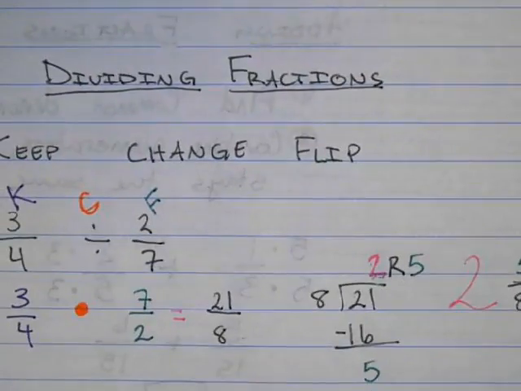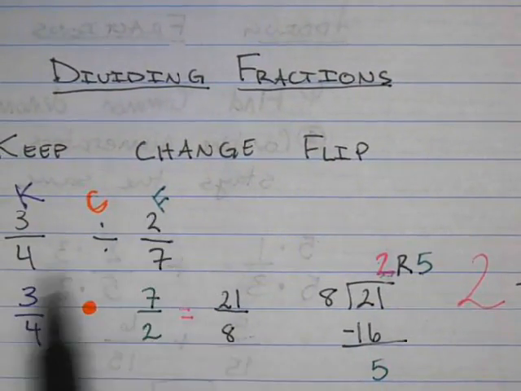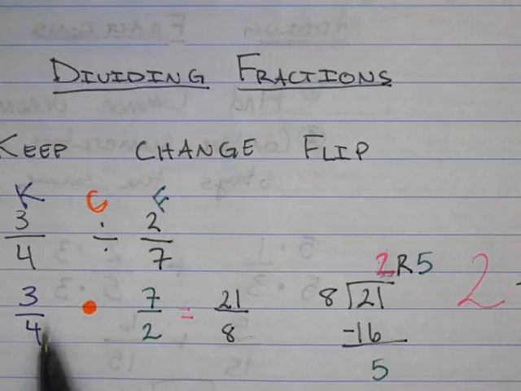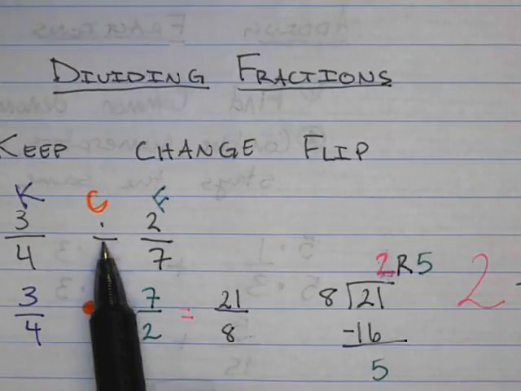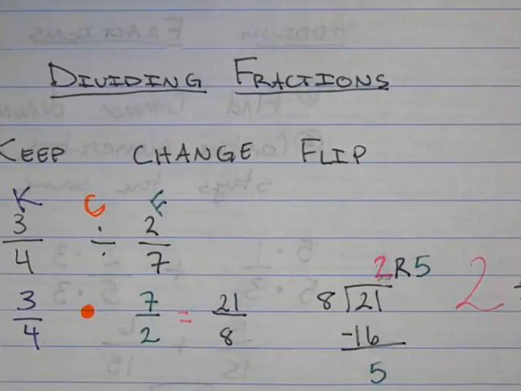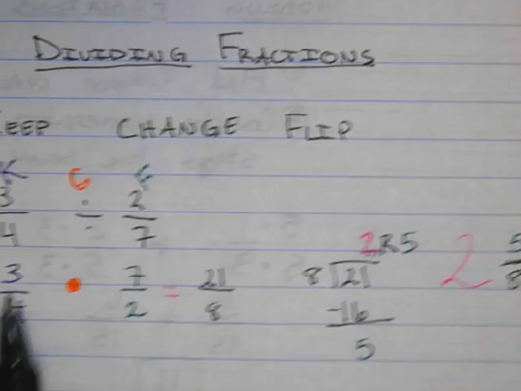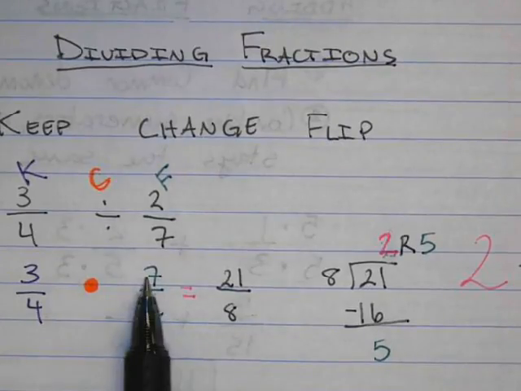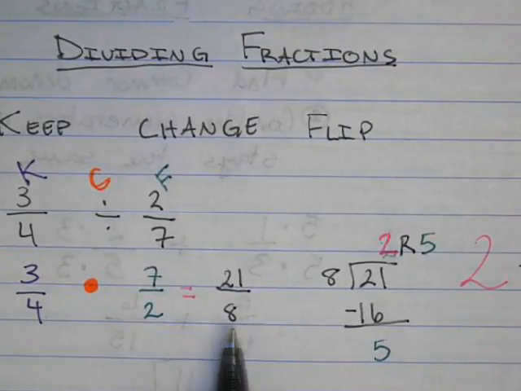So to divide fractions, we did our keep, change, flip. Keep the first fraction the same, division becomes multiplication, and the second fraction will flip. Then we multiply our fractions, numerator times numerator, 3 times 7 is 21, 4 times 2 is 8.